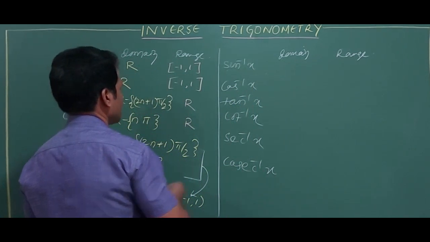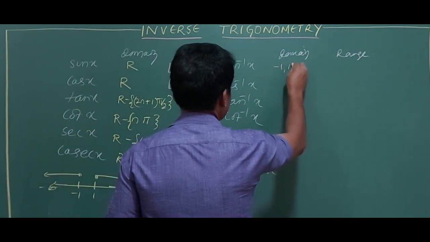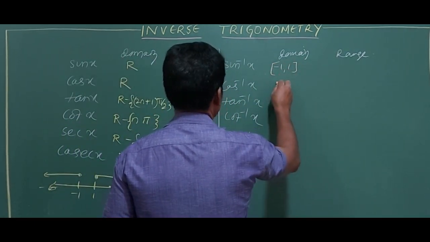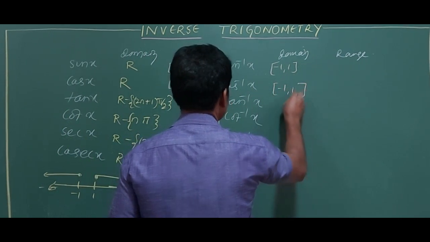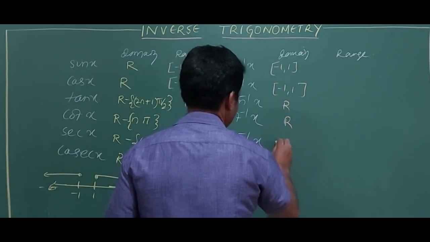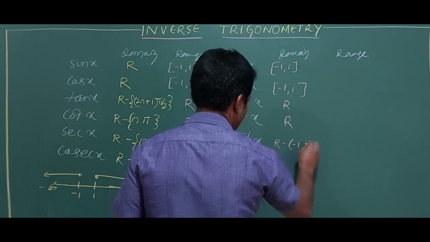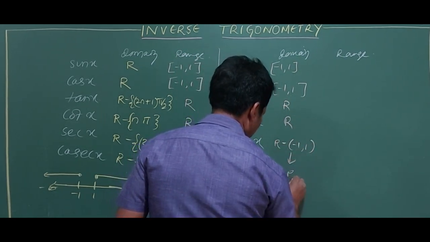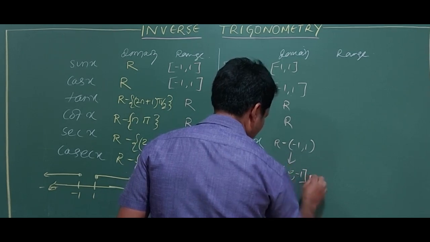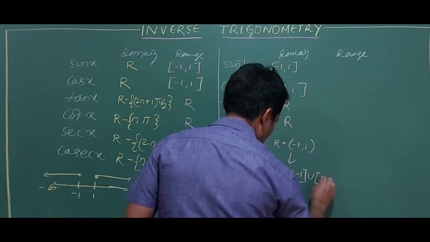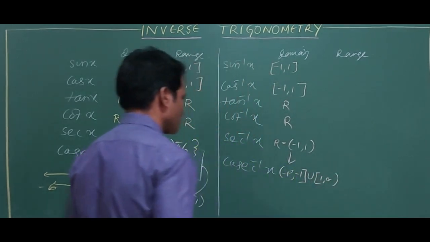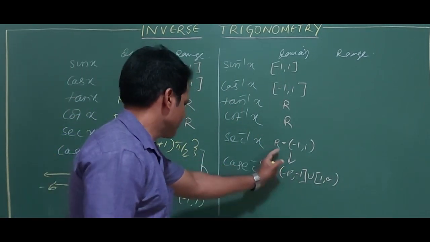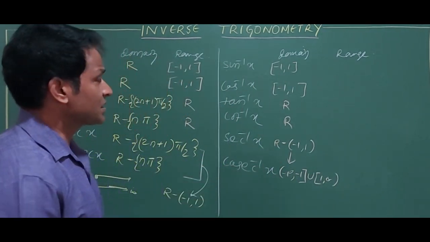So this I can copy here now. This is minus 1 to 1, minus 1 to 1, R minus the open interval minus 1 to 1. For the same thing you can write minus infinity to minus 1, union 1 to infinity. Both are the same. But what about the range?